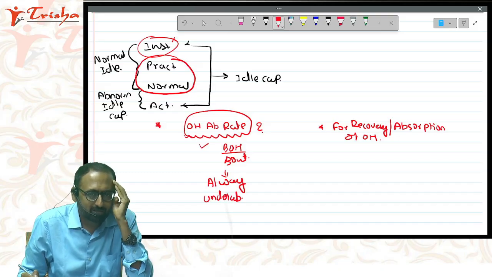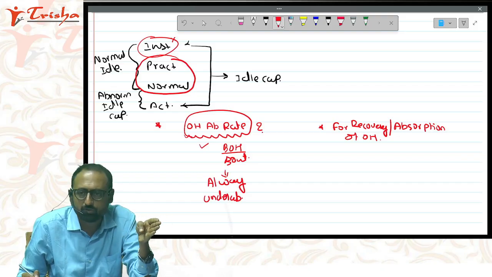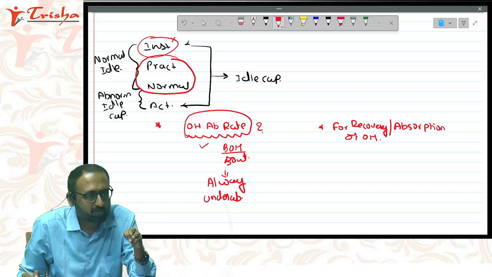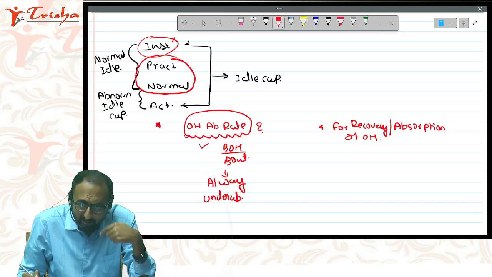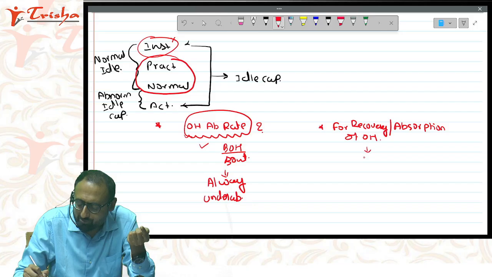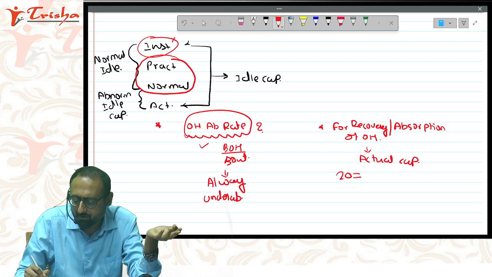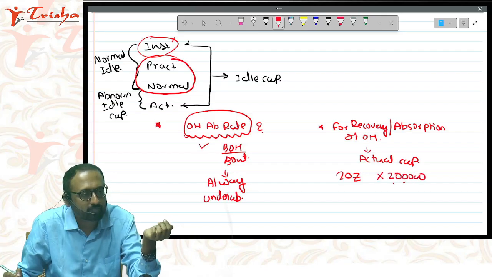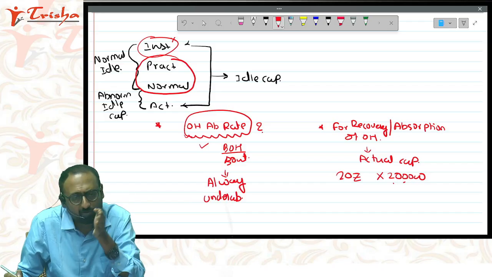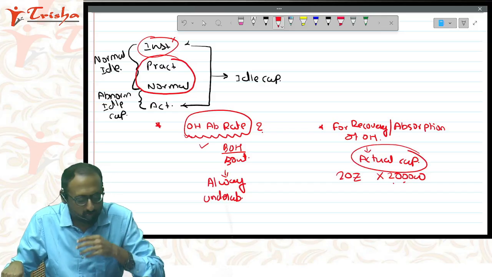So make one point clear. For calculation of the predetermined rate, you will use practical or normal capacity. And for absorption of the overhead, for recovery of the overhead, you'll have to use actual capacity. Like in the previous question, 20 rupees per hour labor hour rate multiplied by actual labor hours gives 2 lakhs. So for recovery of the overhead, always absorb on the basis of actual capacity.